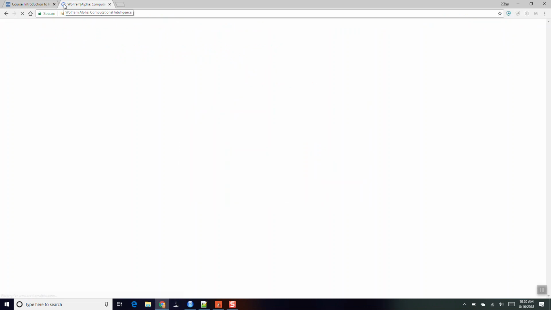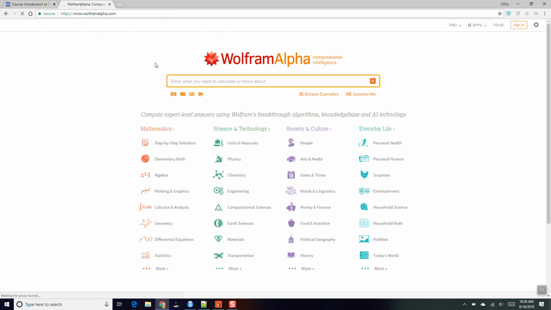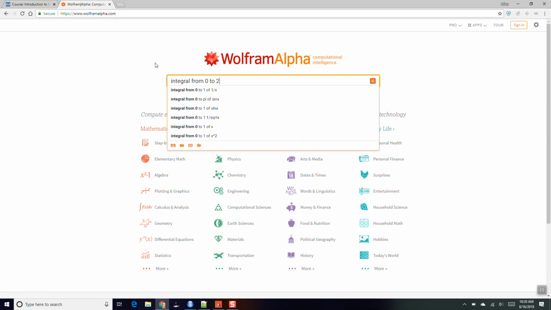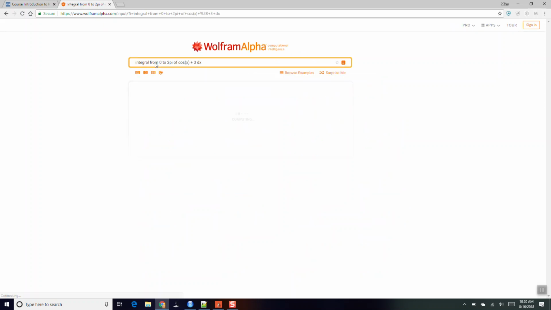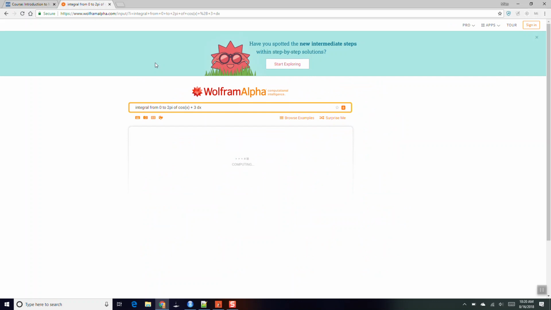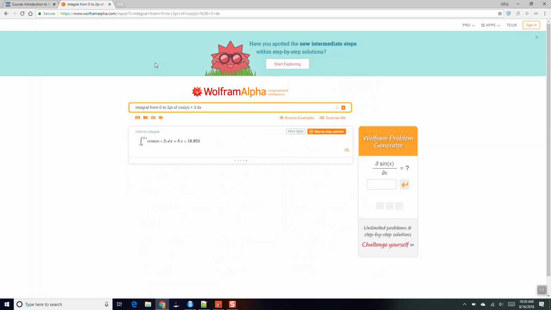My favorite thing, right? Wolfram Alpha. We can always just say integral from 0 to 2 pi of cosine x plus 3 dx. Let's see if it computes.